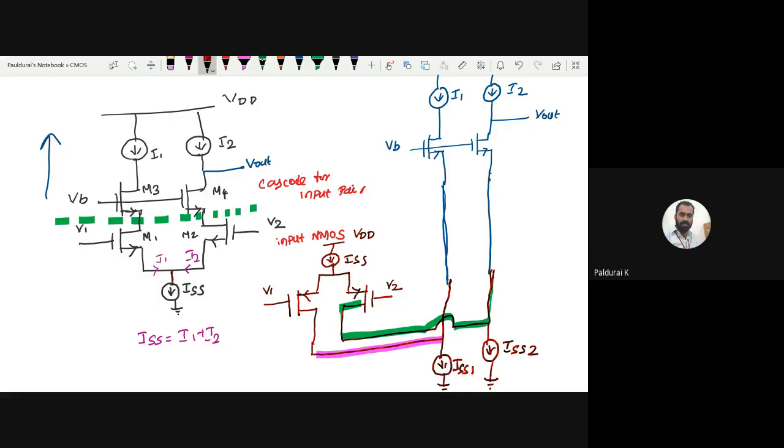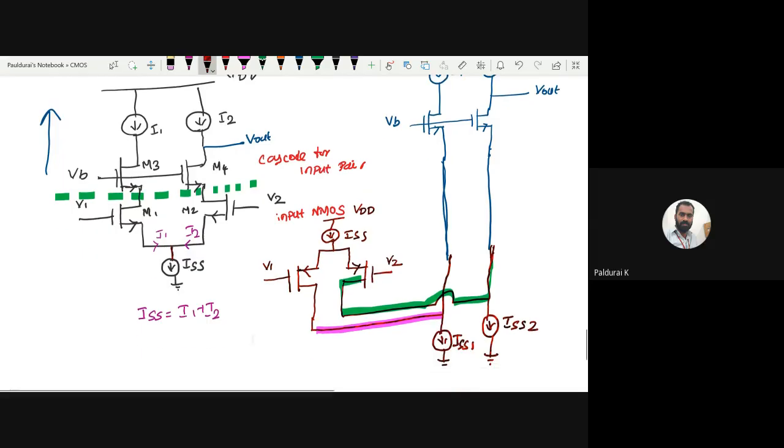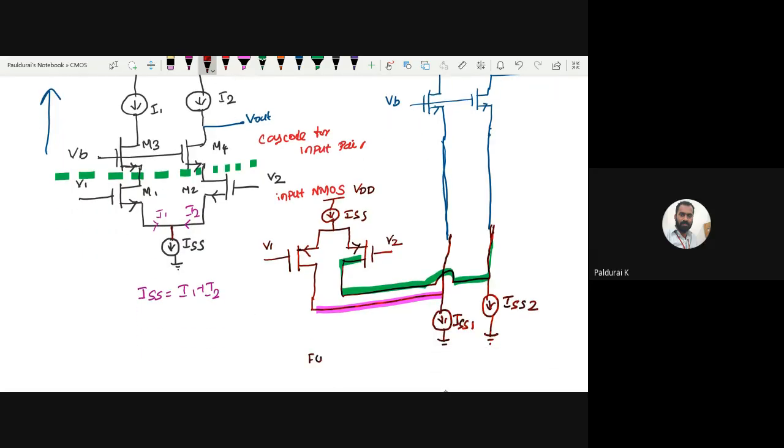In the folded version, is the input pair NMOS or PMOS? For the folded version it is a PMOS input pair. So be careful. If it is a folded cascode op-amp, then PMOS is the input pair.